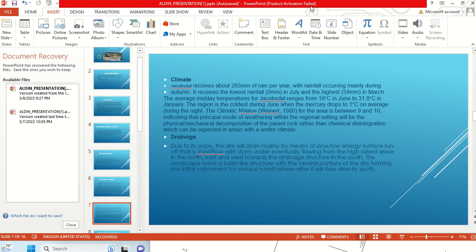Due to the slope, the site will drain mainly by means of sheet flow or low energy surface runoff, that is, storm water flowing from the high-lying area in the north and east towards the drainage structure in the south. As I mentioned before, the area is like a basin structure, and the catchment of the runoff will flow directly to the south.